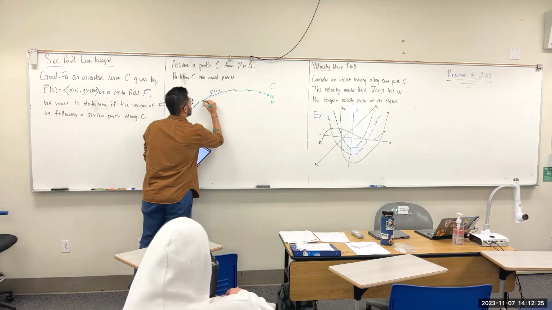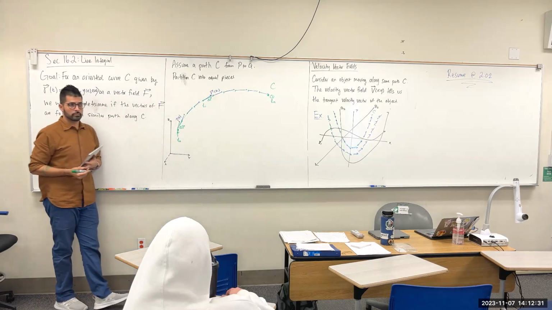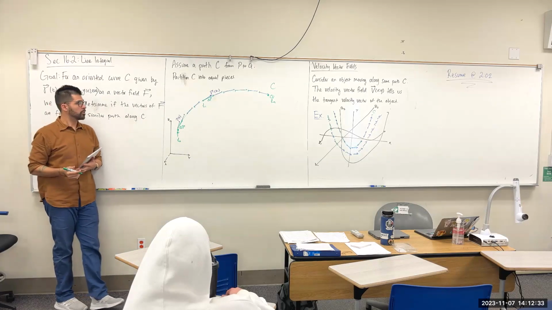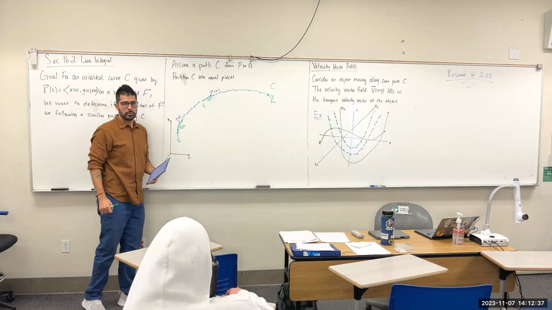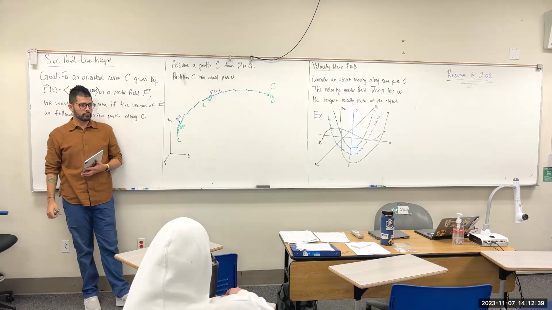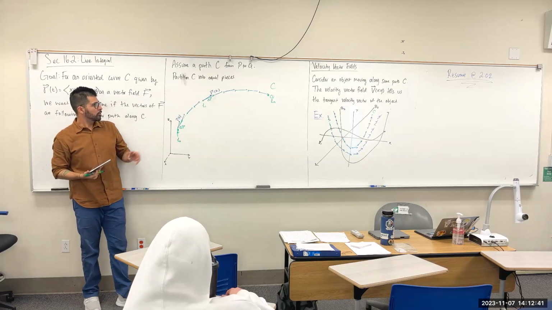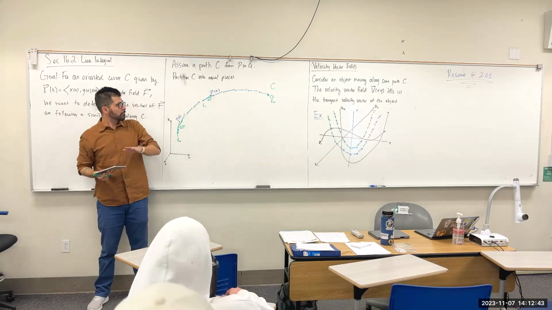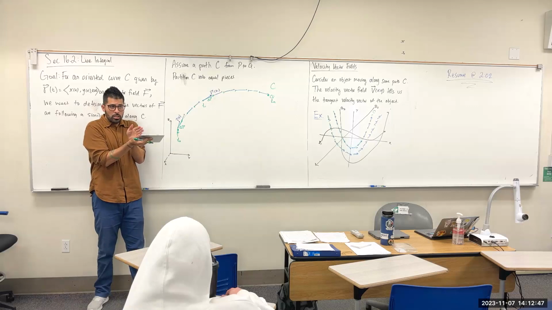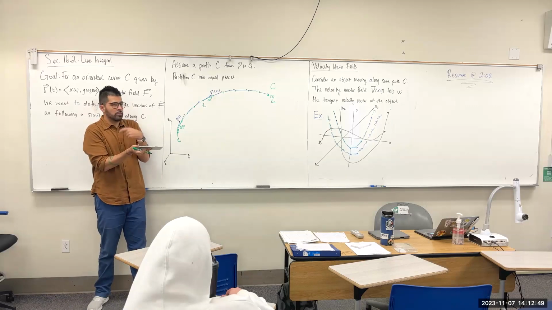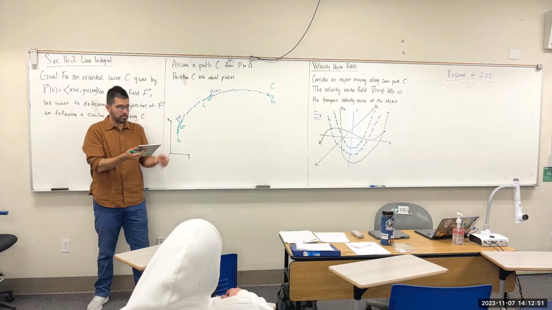And so, for example, this delta r vector is this guy right here. So at each t, you have a delta r and you have r prime of that t. Do you see how the displacement vector and the tangent vector are almost the same vector? Almost the same magnitude, and they almost point in the same direction.